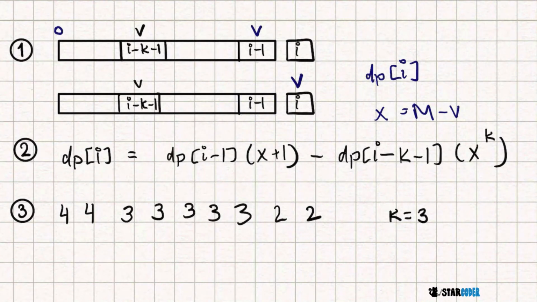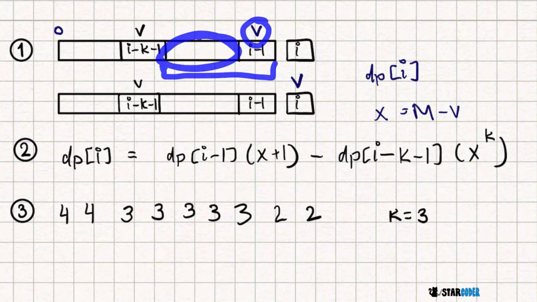But the thing we need to note is, since our sliding window has size k, this is actually going to do overcounting. The situation where it would overcount is, since we know that this v originally covered this area, all of these numbers could be greater than v.